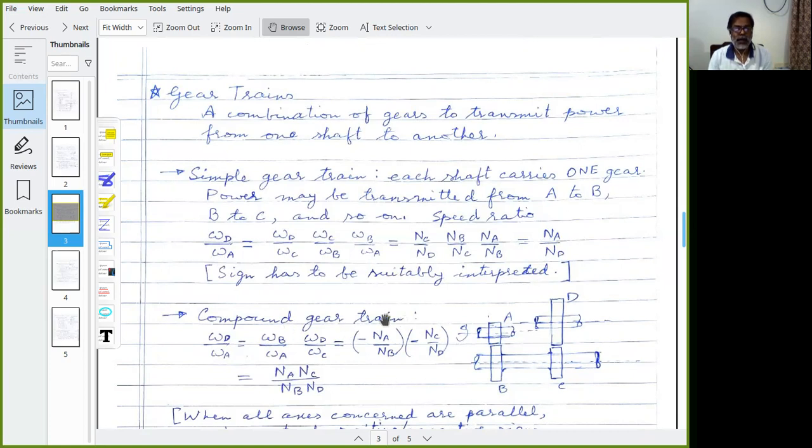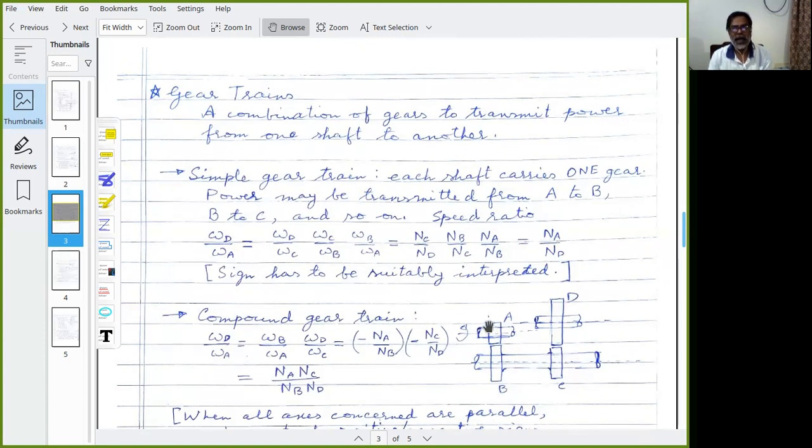In the case of a compound gear train, on the same shaft, more than one gear may be mounted. For example, here you see gear B and gear C are on the same shaft. They rotate together, with the same speed.